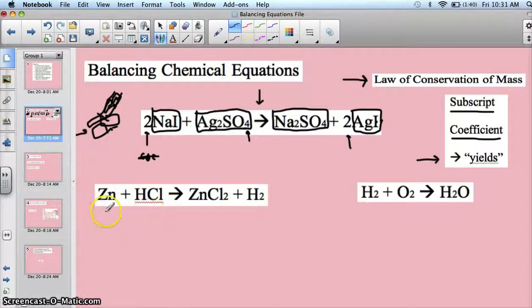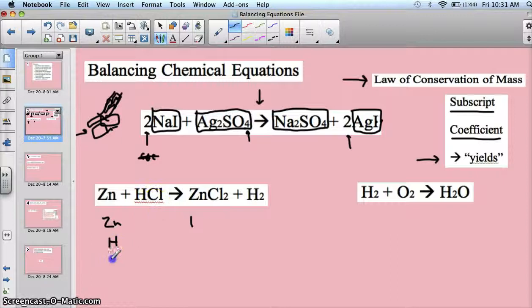But you have to have the same number of everything on each side. Let's say on zinc we have one here and we have one here, so that looks pretty good. Zinc has one. The H's, okay, we have one here. Oh, we have two H's here, so that's one we're going to have to end up changing.